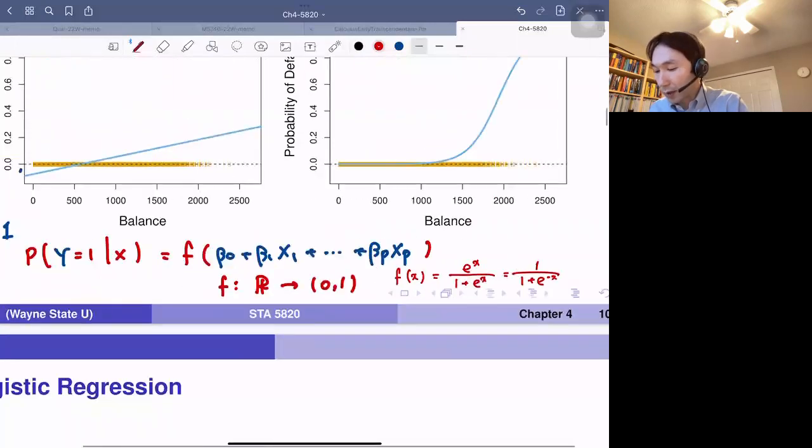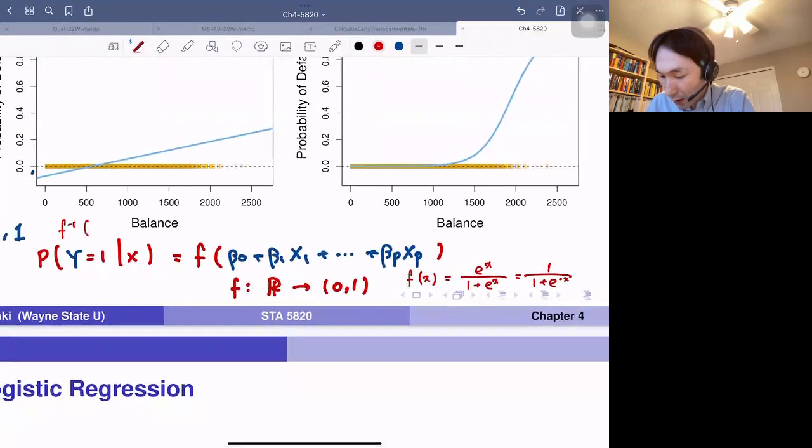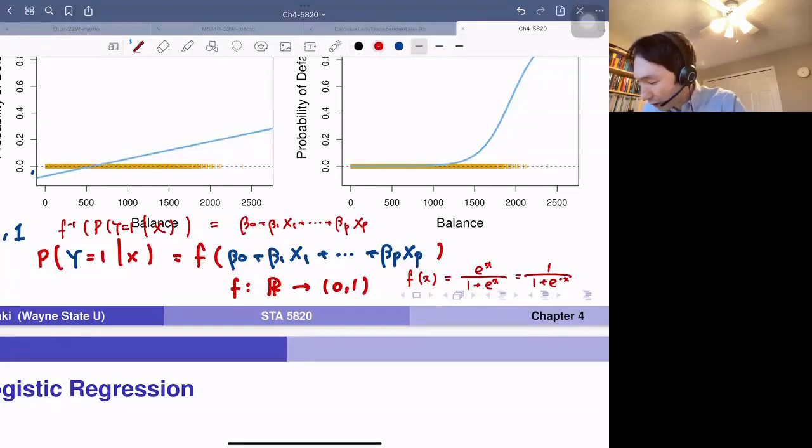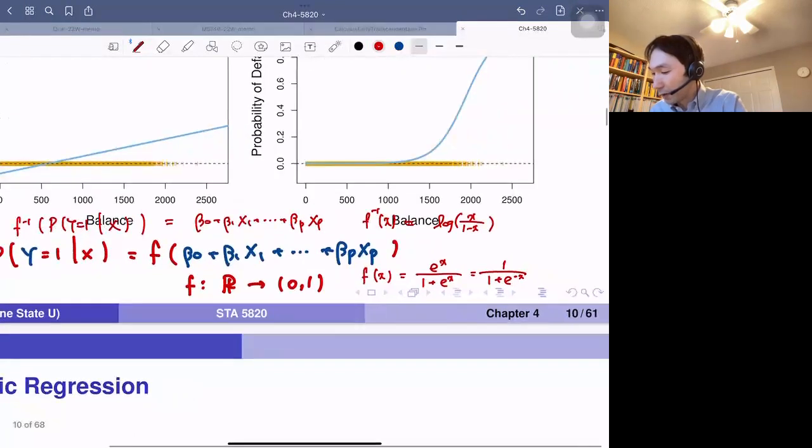Sometimes this model is written as f inverse of the probability that y is equal to 1, maybe given x, equals beta naught plus beta 1 x1 plus up to beta p xp. In such a case, f inverse of x is log of x over 1 minus x.